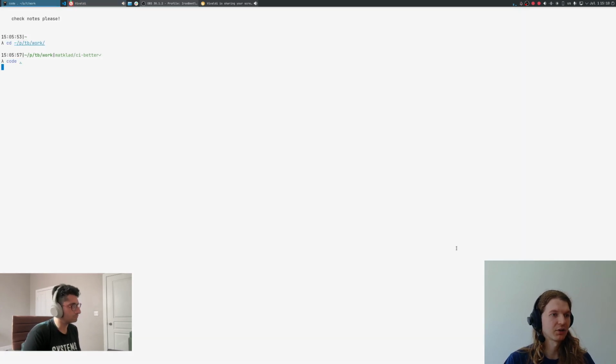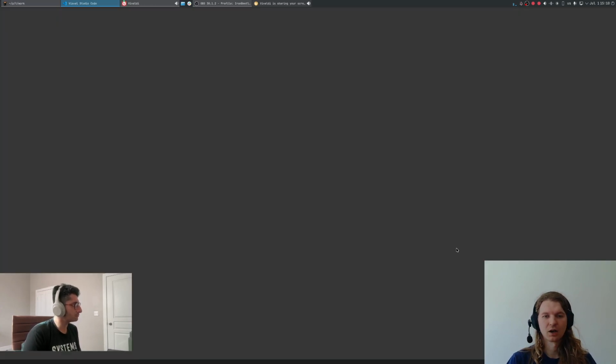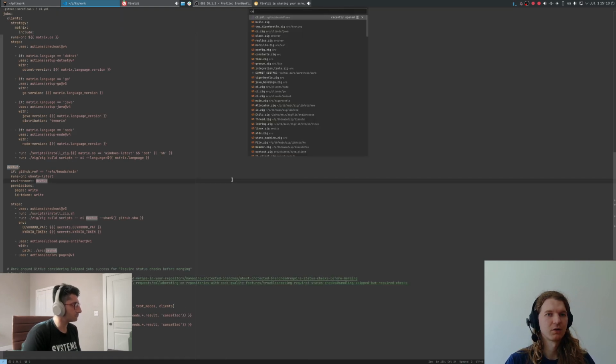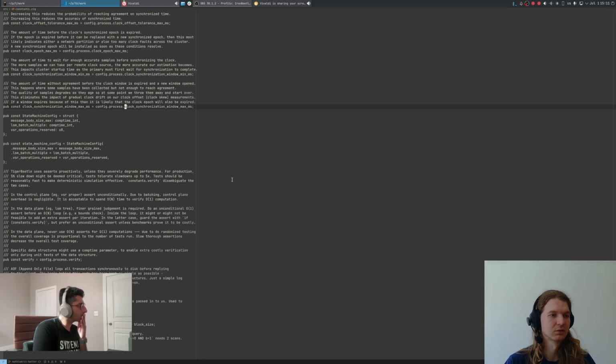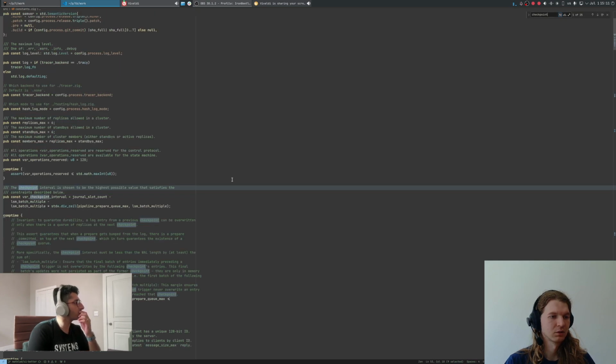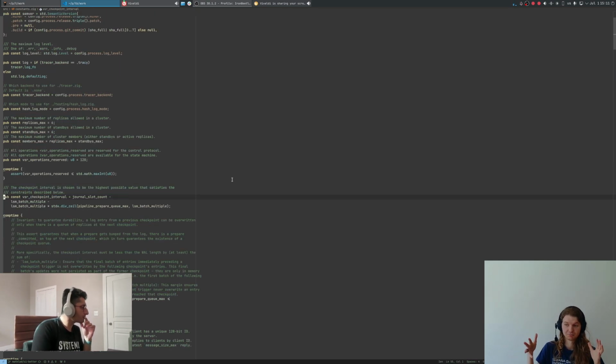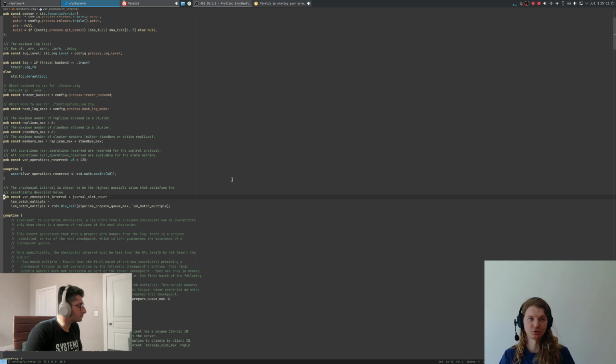Here I think I need to actually go and show this. We now have the constant checkpoint interval. This is measured in prepares, and every checkpoint interval prepares, we go and make a checkpoint.